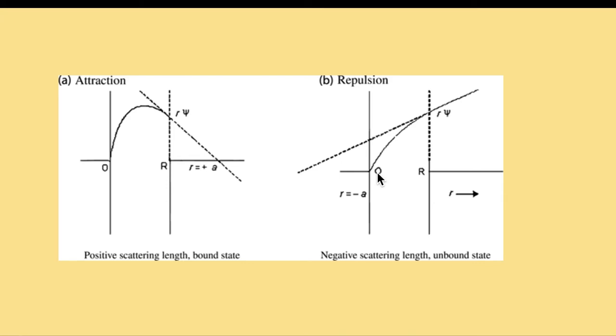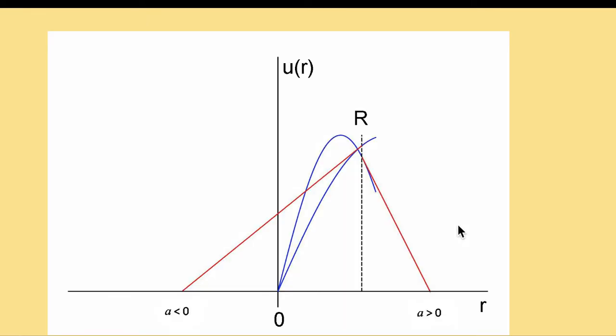This is small r equal to 0, and this may be at small r equal to minus A, at the negative side. So this scattering length you can call the negative scattering length, and this the positive scattering length. And now we are saying that this positive scattering length corresponds to attraction and a negative scattering length corresponds to a repulsion.